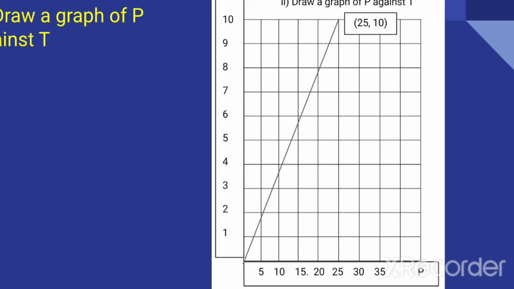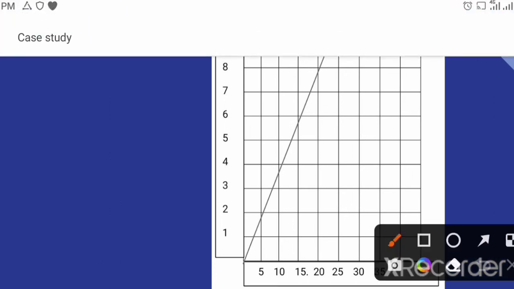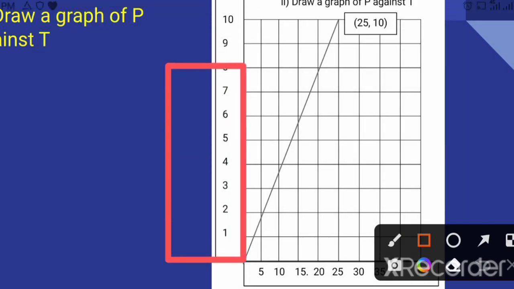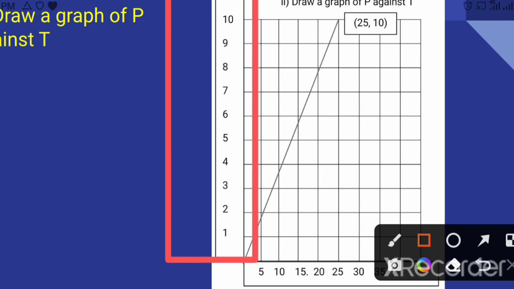We have written these values on the x-axis, and the values of T we have written on the y-axis, starting from 1 to 10, and the value of T which is given in the question is 10.